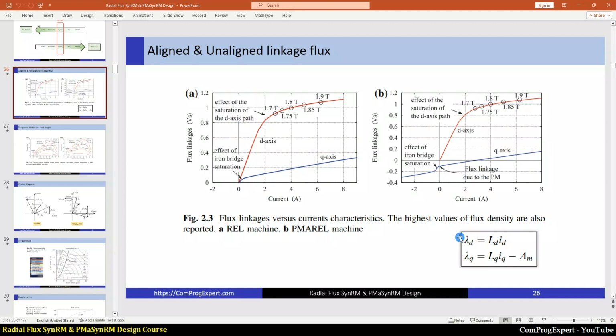The equations: you know that the D flux is L_D I_D and the Q flux is L_Q I_Q minus lambda_M. Why negative, I will explain later. This is also our convention here.